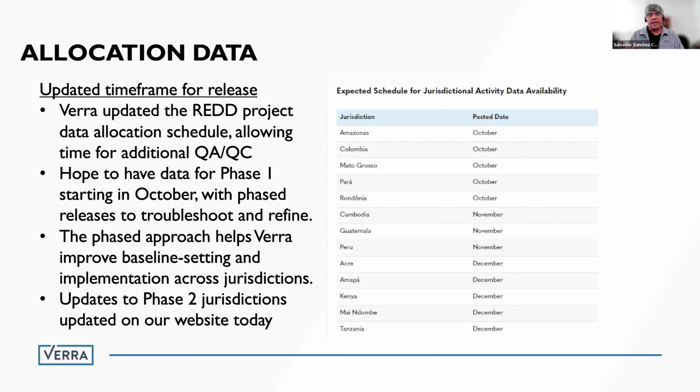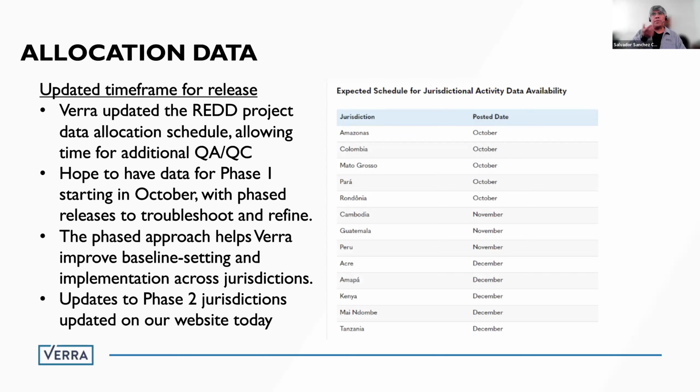And only then will these data be ready for allocating baselines to projects. We are currently engaging in these two later stages, the quality assurance and quality control of the jurisdictional data, and the production of deforestation risk maps, for them to be ready for allocating baselines to projects. That's why we have to update the release dates or the release time frame.